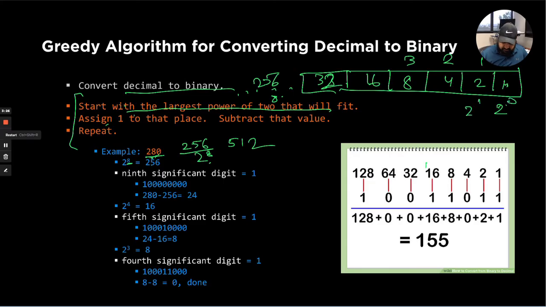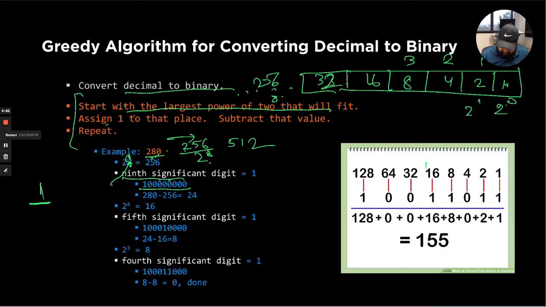So you can use these indices, and this would represent the 9th significant digit in our number, because at index 8 we had the number 256. We can utilize that. We would know that at the 9th index it would be storing a value 1.